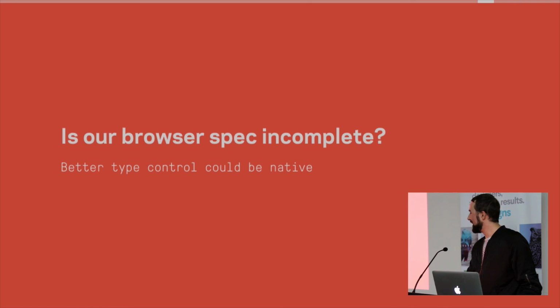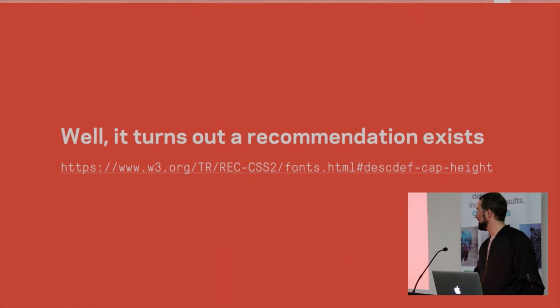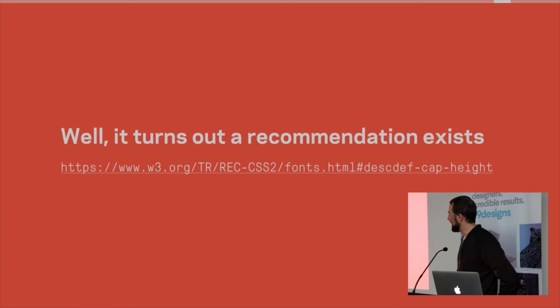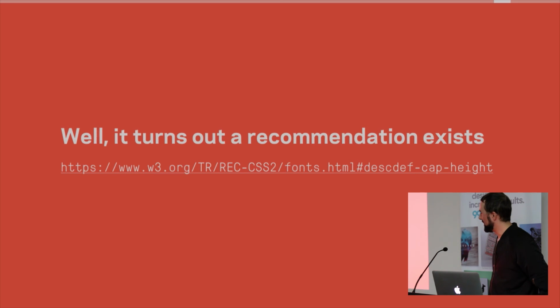And I basically wrote this blog post about all of this, and then somebody came to me with a response, and it turns out there is actually cap height in a recommendation. It's a little bit old, but never really went anywhere. And this thing is pretty amazing.